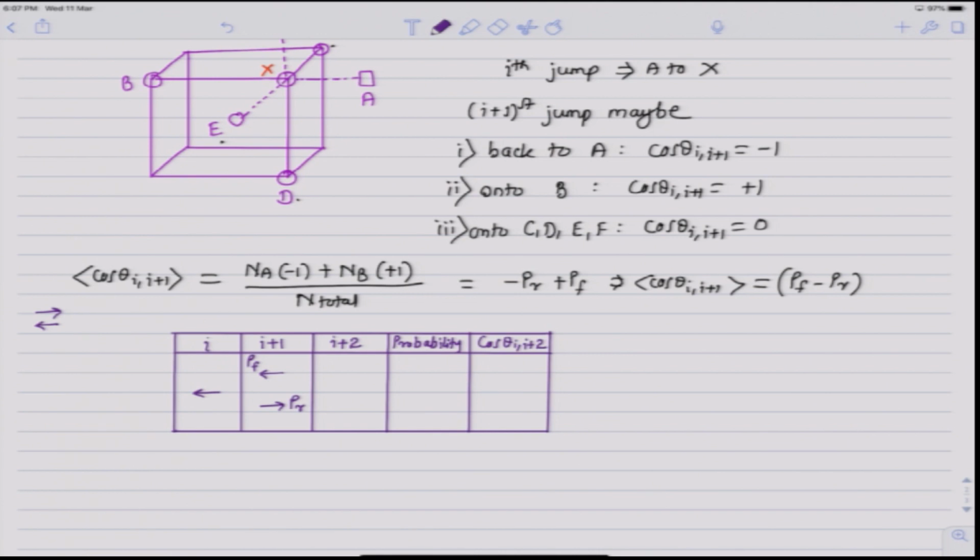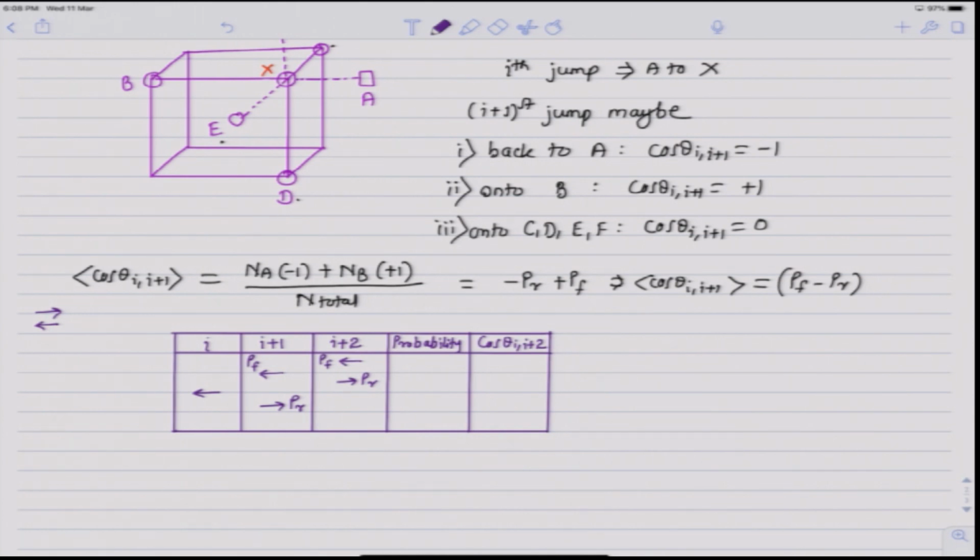Now, there will be 4 possibilities for the i+2 jump depending upon what was the i+1 jump. The i+2 jump might be again from right to left, the probability of which would be P_F, because it is a forward jump with respect to the first possible i+1 jump, or it can be from left to right, the probability of which would be P_R.